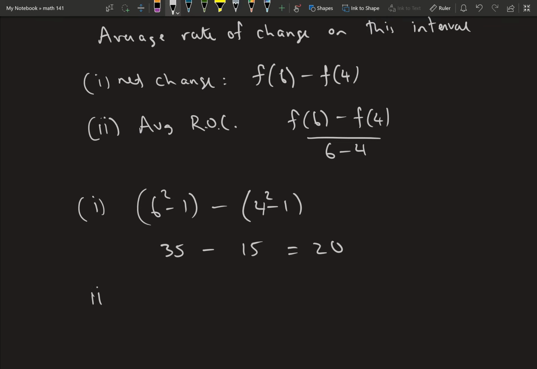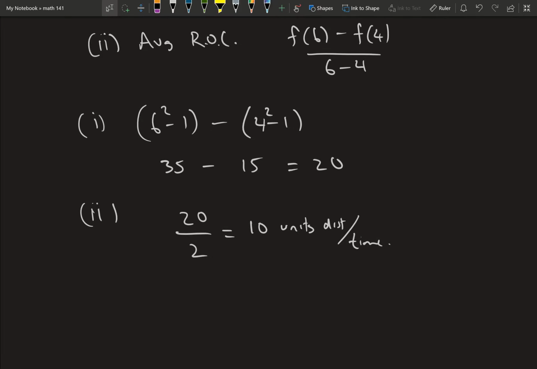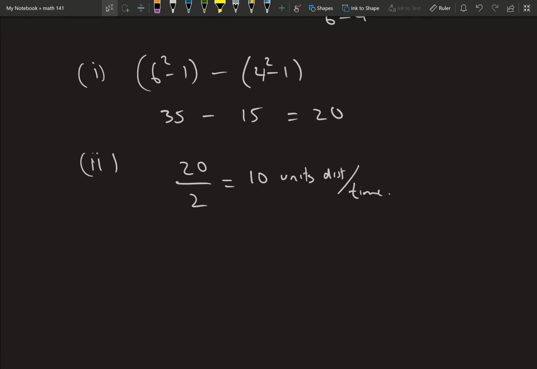And then our average rate of change is 20 divided by 6 minus 4, which is 2. So that's 10 units of distance traveled per unit time, if we wanted to think of the same analogy. Okay, so that's pretty much what this section is about. You can do this for any function with the same formula.